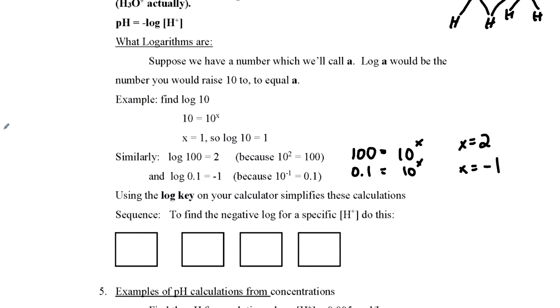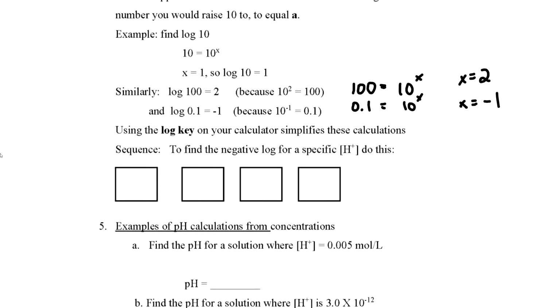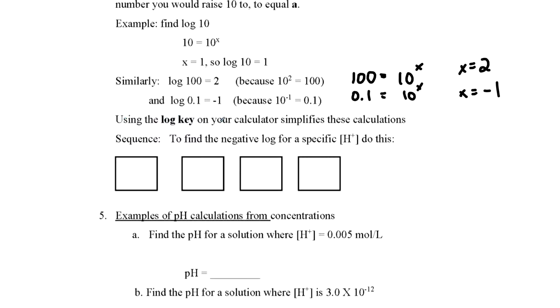On your calculator, you're not always going to have just easy numbers to deal with, where you can mentally figure out what the answer is. It's often numbers where you wouldn't know that off the top of your head. So you can use the log key on your calculator to simplify the calculations.